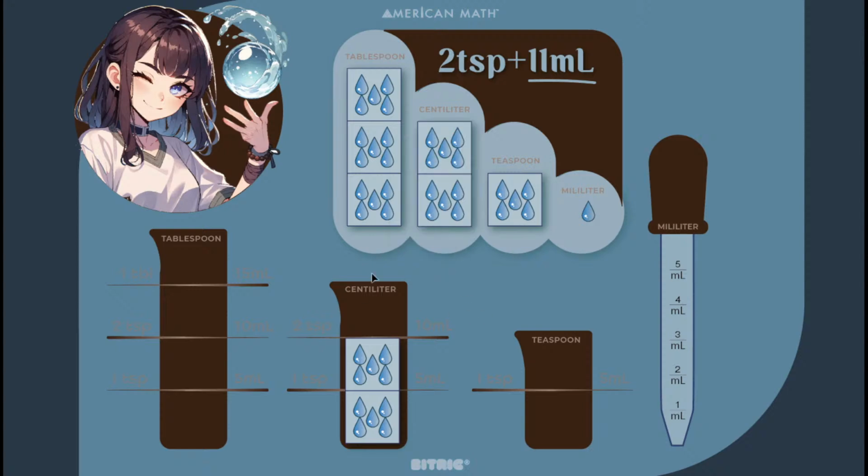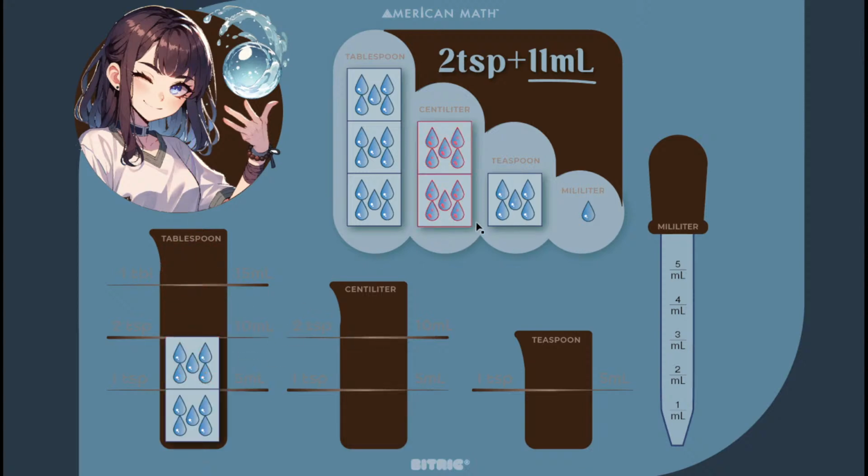So we'll pour the centiliter into the tablespoons beaker, because we have more space over there. Then we know that we have 2 more teaspoons that need to be added. So we'll pour 1 teaspoon into tablespoons to fill it up, and then 1 teaspoon into teaspoons to fill it up. Then we can add 1 more milliliter inside of our dropper, which will give us our answer of 1 tablespoon, 1 teaspoon, and 1 milliliter.